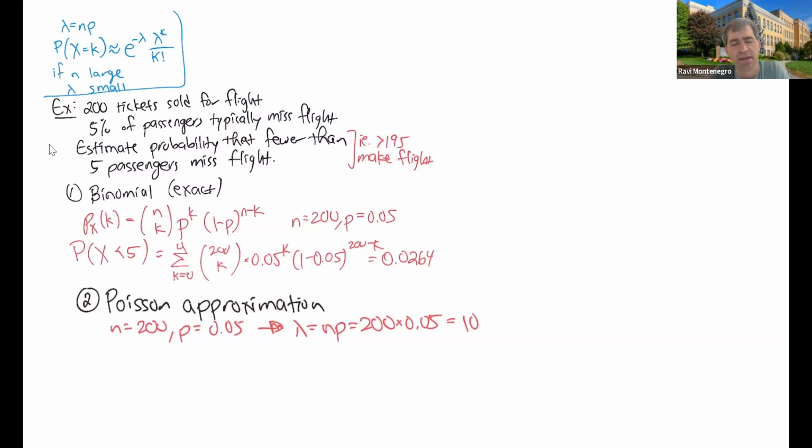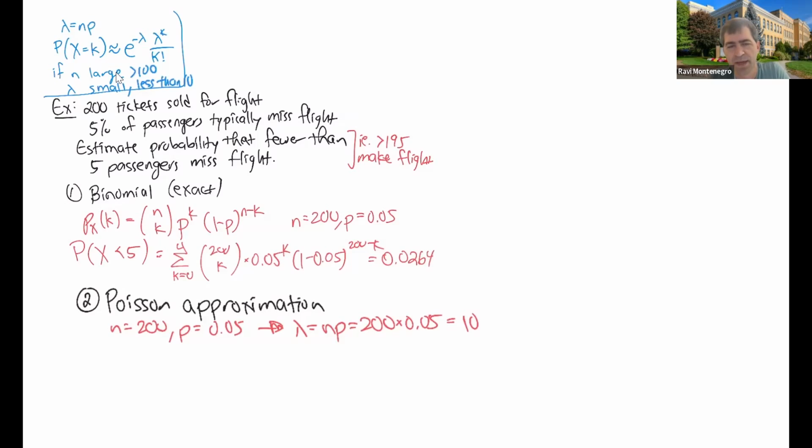So looking at the conditions I wrote in the upper left corner, previously I said large should mean something like more than 100, and lambda small should mean something like a small integer. I use 10 as a cutoff, like less than 10. In this particular case, lambda is 10, so it's getting kind of towards the limits of where Poisson is going to work well.